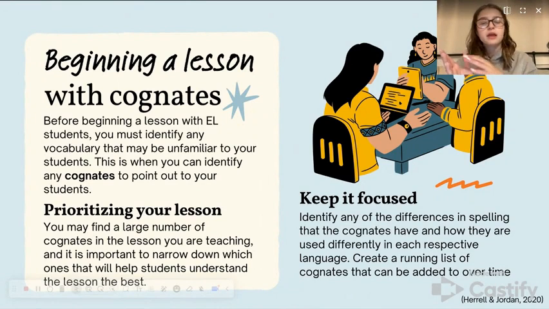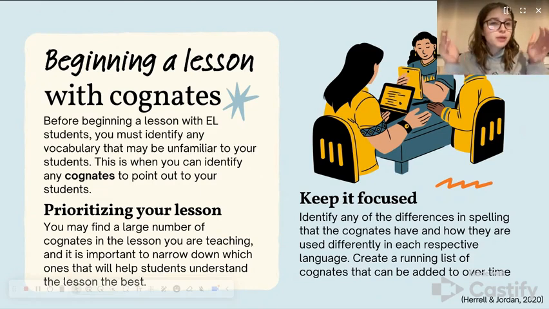What I mean by that is you're going to find a large number of cognates while you're teaching. It's important to highlight the ones that are important to your lesson first, because in each lesson they're going to learn new ones. So you want to do ones that will help them to understand the lesson they are learning that day or that week or whatever you are working on.